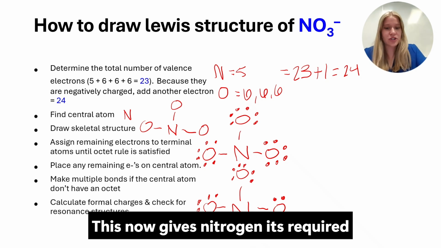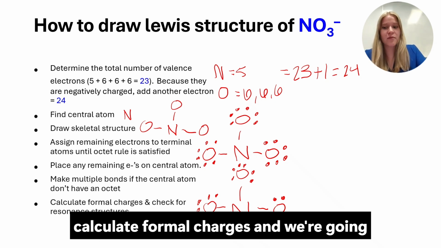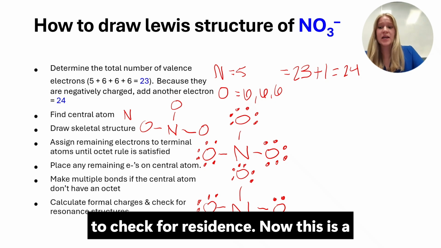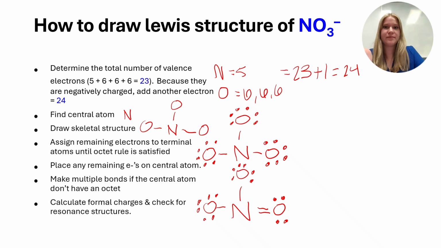This now gives nitrogen its required octet. Finally, in step 7, we calculate formal charges and check for resonance. This is a skill that I will demonstrate and talk about more in the next slide.